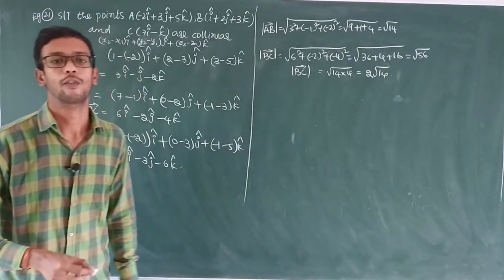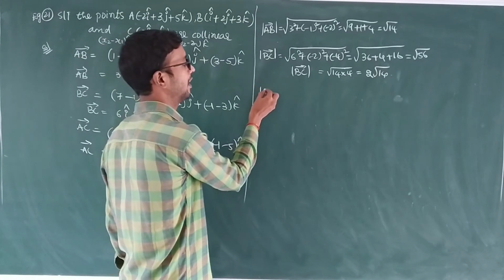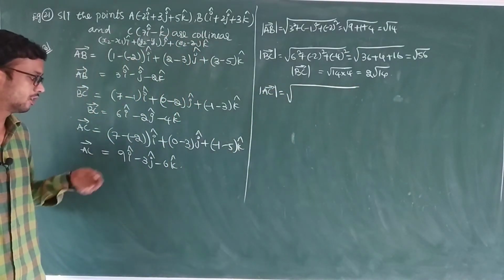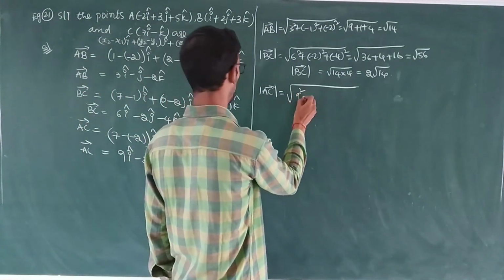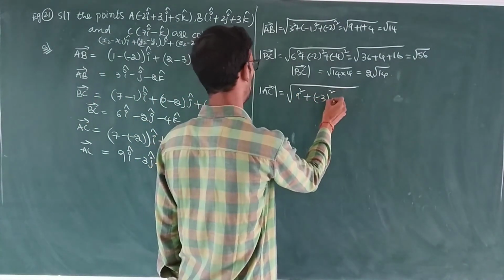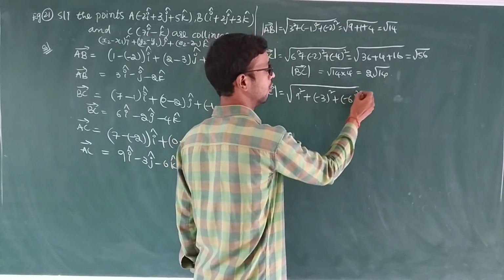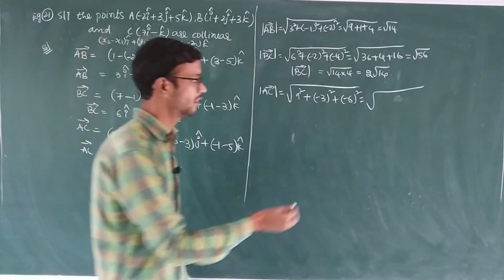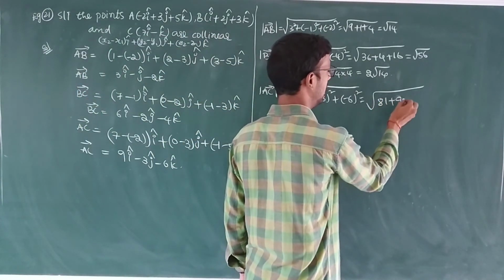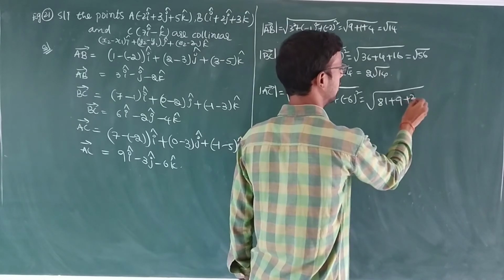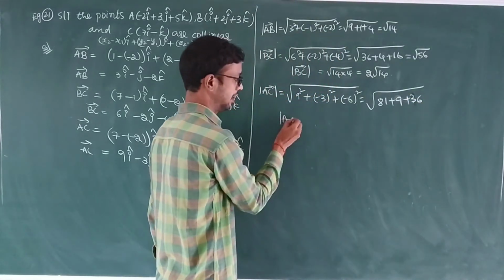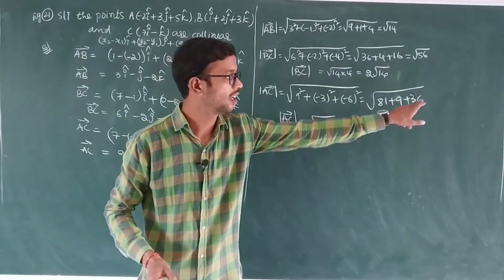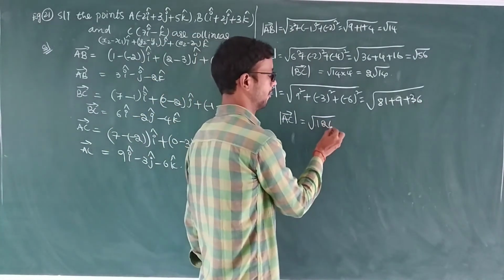Next, magnitude of AC bar. You can observe 9 square plus minus 3 whole square plus minus 6 whole square, the square root of 81 plus 9 plus 36, that is 126.